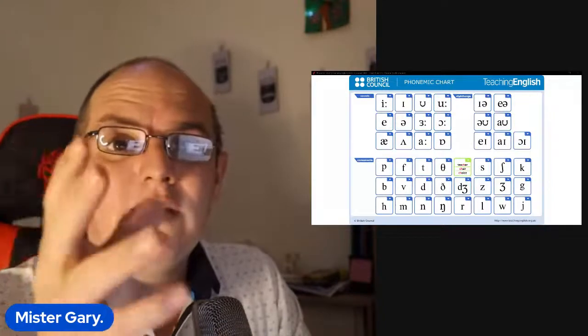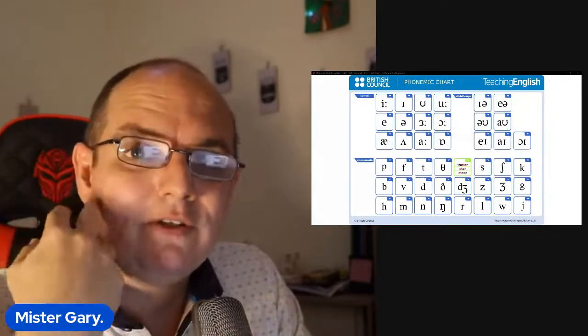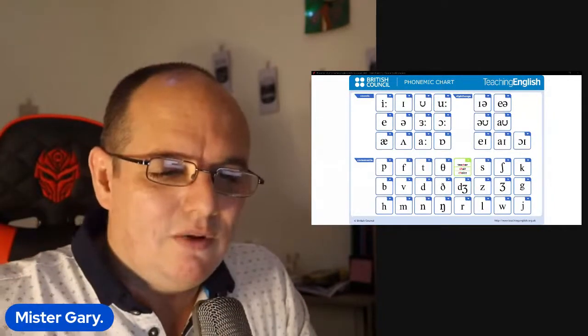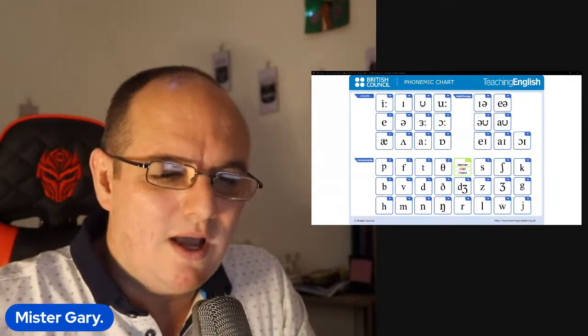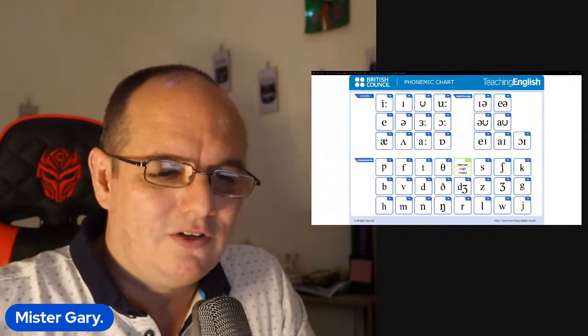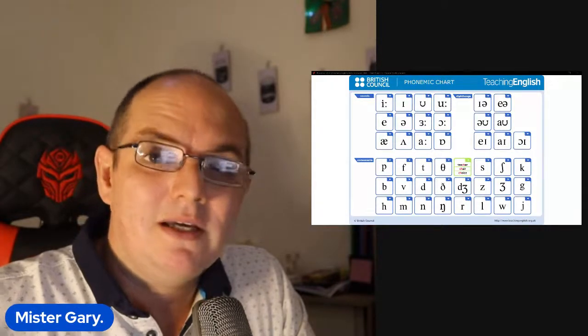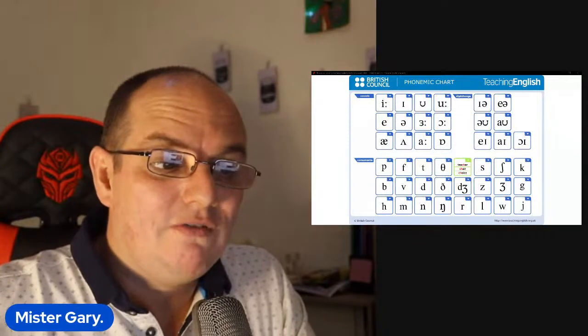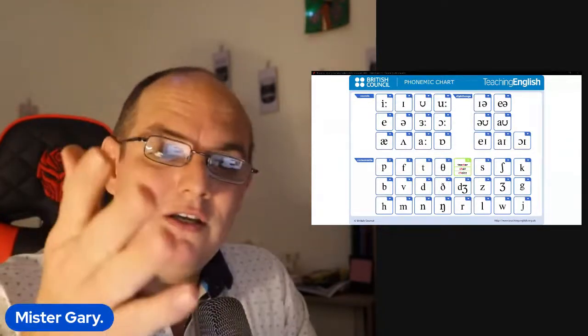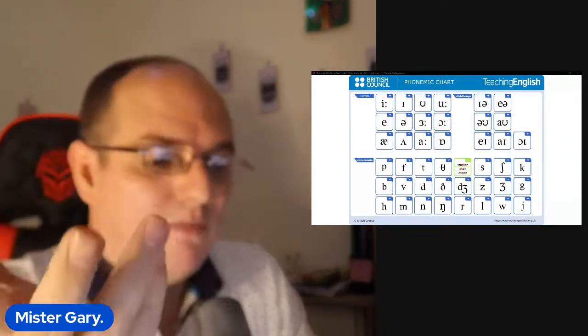I'm going to try and demonstrate with you the movements that you're going to need. Now, the ones that we're going to concentrate on are these 12 in the top left hand corner in this evening's stream. These are called monophthongs. Those are single vowel movements that you can make with your mouth.